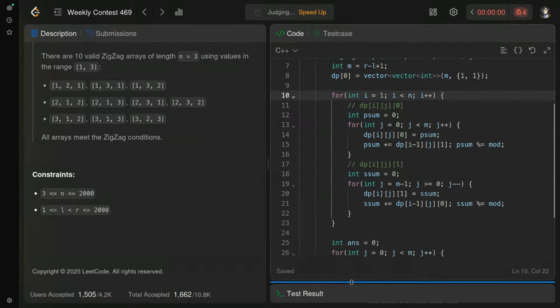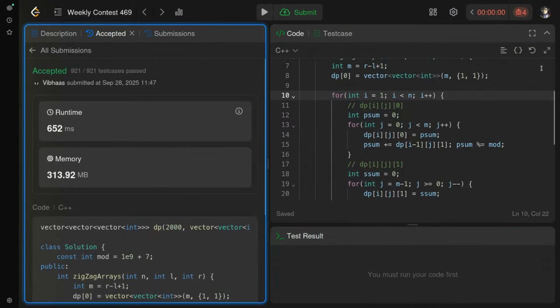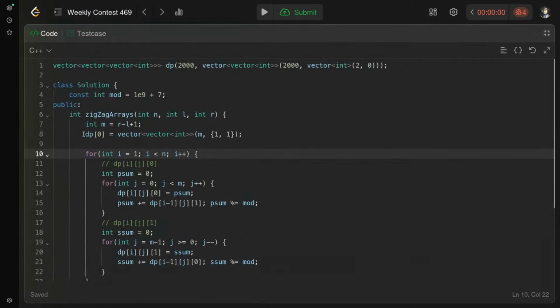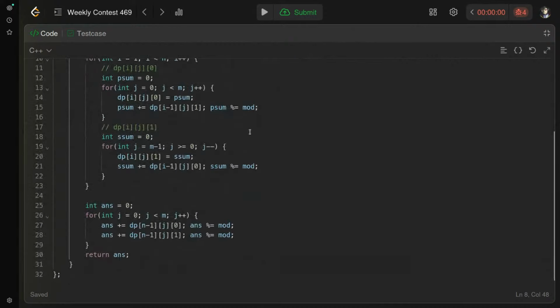So we don't need to have a separate case for DP of 1. We just need the DP of 0 base case.